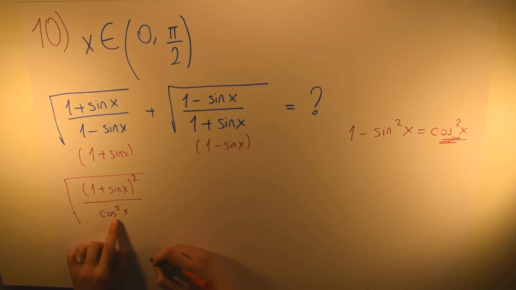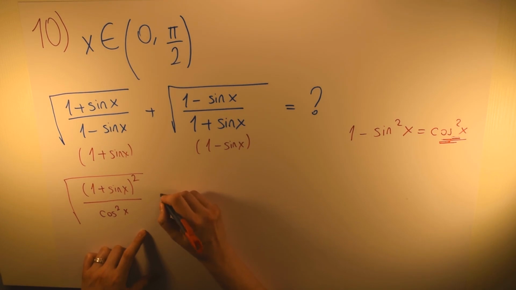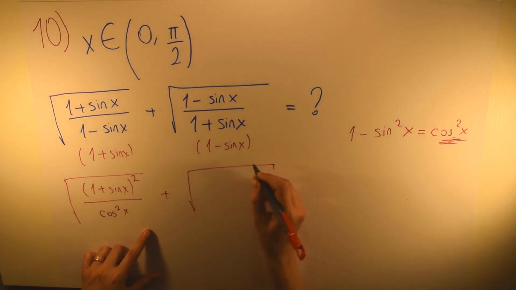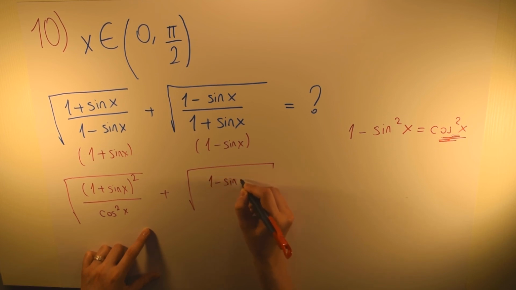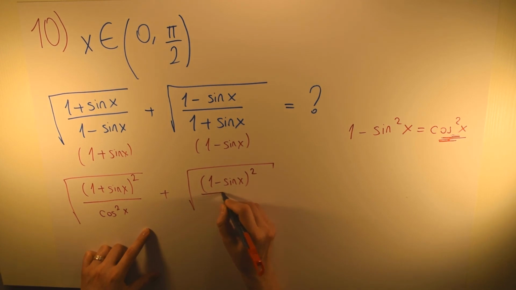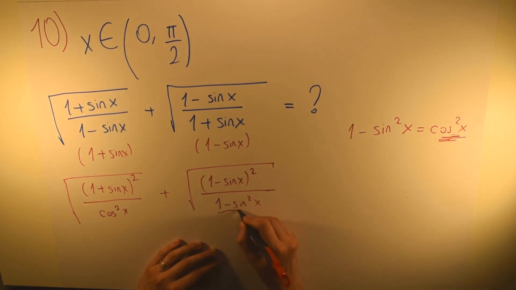Here this will be cosine square x plus 1 minus sine x squared over 1 minus sine square x, which is also equal to cosine square x.